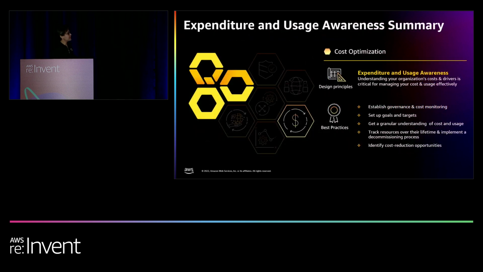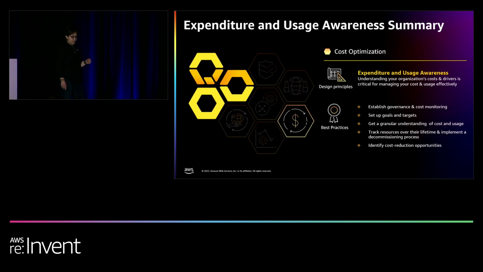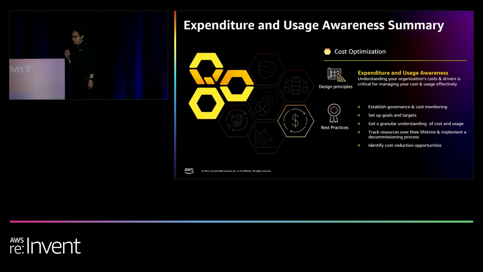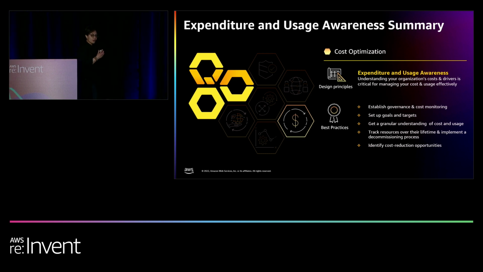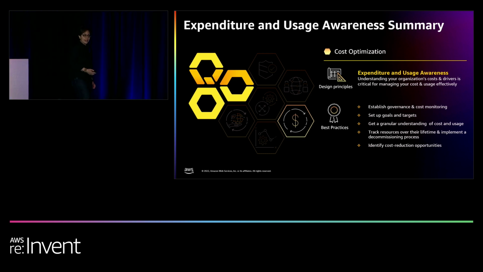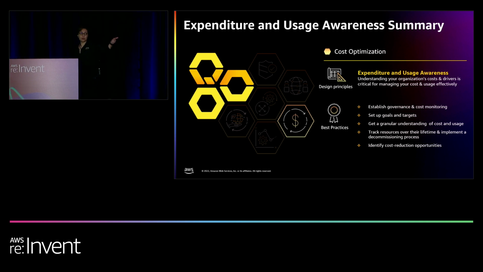All right, so let's sum up the first best practices section or focus area. To successfully have visibility and cost awareness, you have to understand where your cost is coming from, and you have to have visibility and granularity. And in order to do that, we said we're going to use Cost Explorer for visibility.